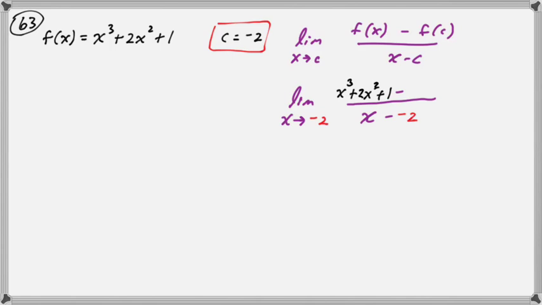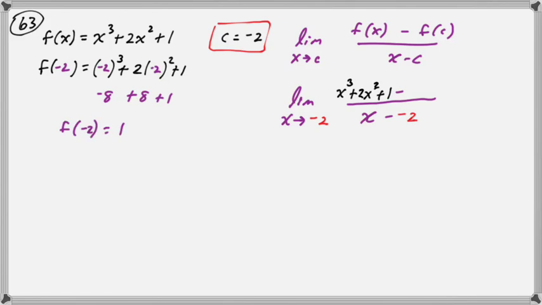Now, if c is negative 2, how do you find f of negative 2? You plug in negative 2. So that's negative 8 plus 8 plus 1. I think f of negative 2 is going to equal just a 1 here, right? So 1 minus 1 is 0, leaving me x to the third plus 2x squared all over x plus 2.